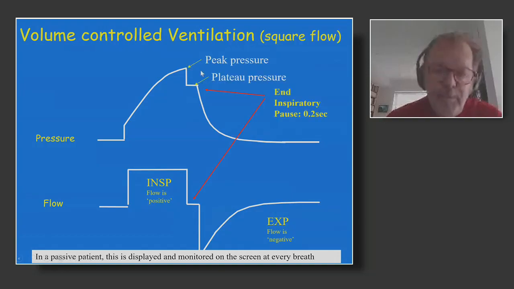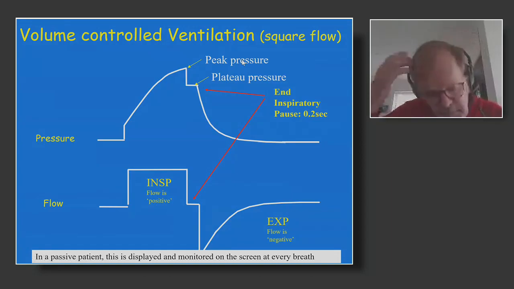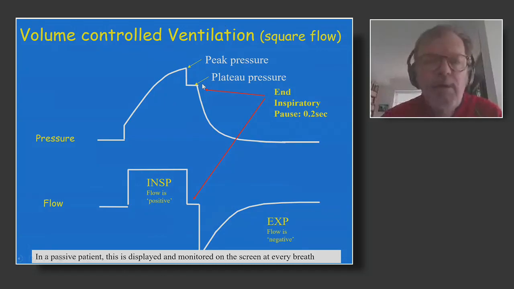These two pressures you can see are monitored by the ventilator. This one is the peak pressure, very easy to understand. It's the maximum pressure you get. And this one is called the plateau pressure. The plateau is the pressure you get when you stop the flow at the end of insufflation.